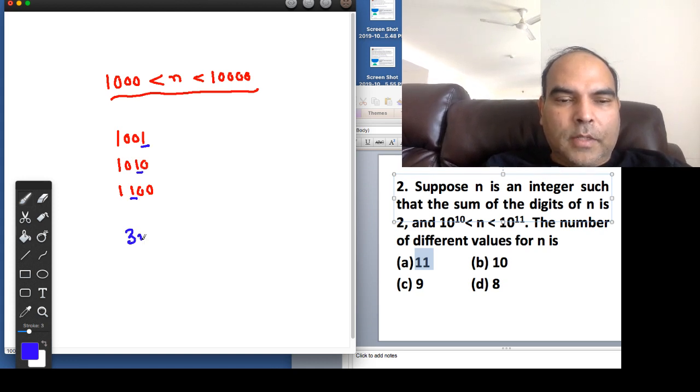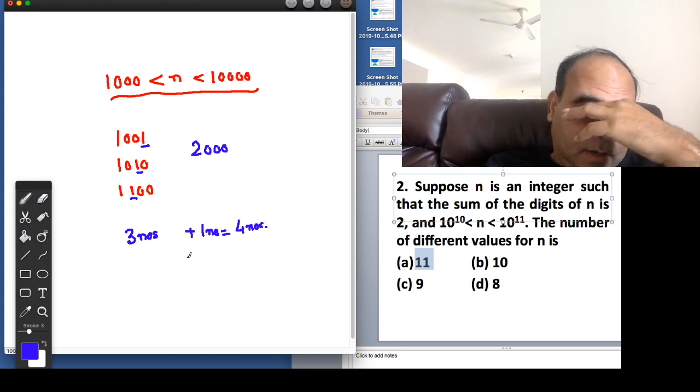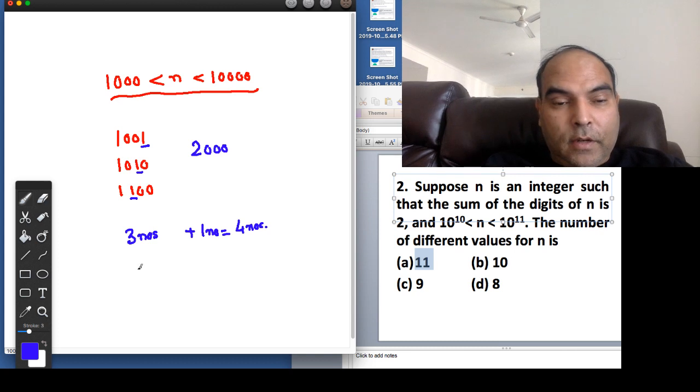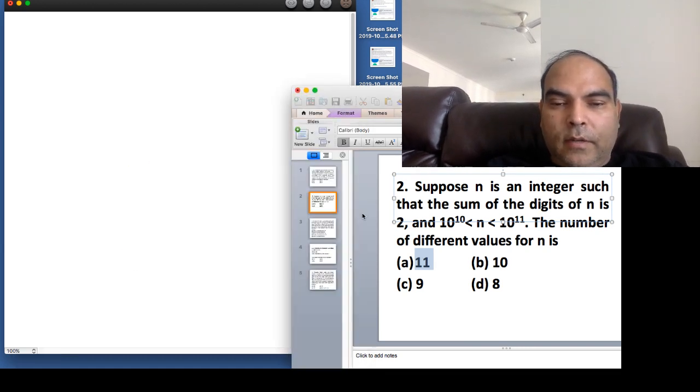So there are 3 numbers like this, and 1 number with 2 followed by 3 zeros. So a total of 4 numbers would be the answer here. And the only change when it becomes 10 raised to 10 to 10 raised to 11 would be that this will become 10 plus 1, which is 11 numbers. Right?